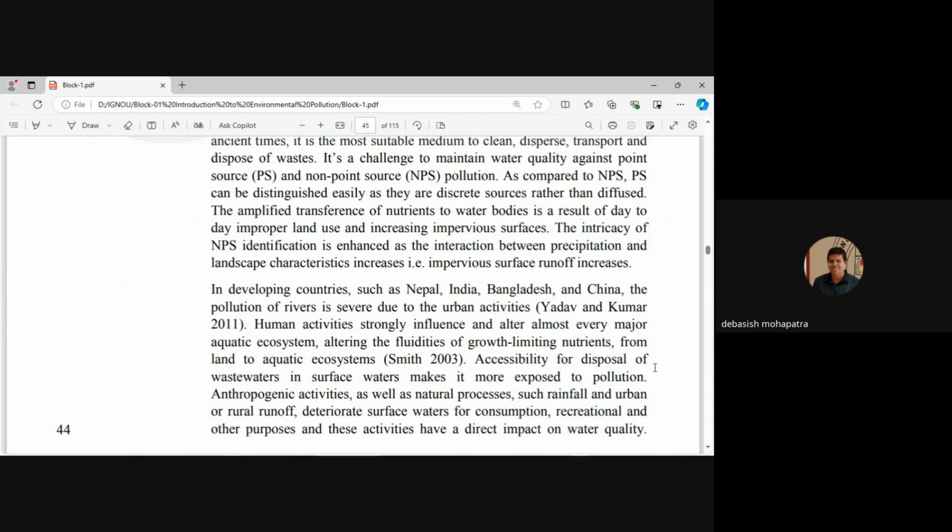Our rivers are being polluted because of household wastewater getting mixed into the river.